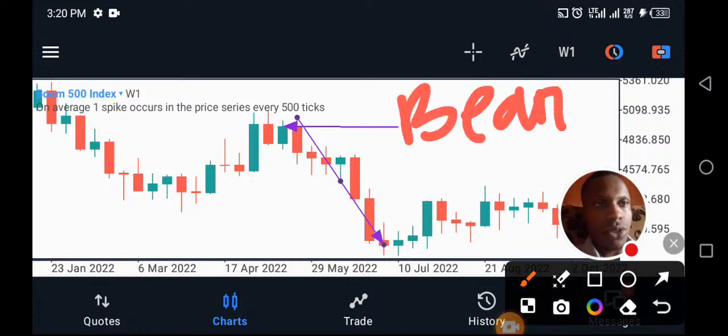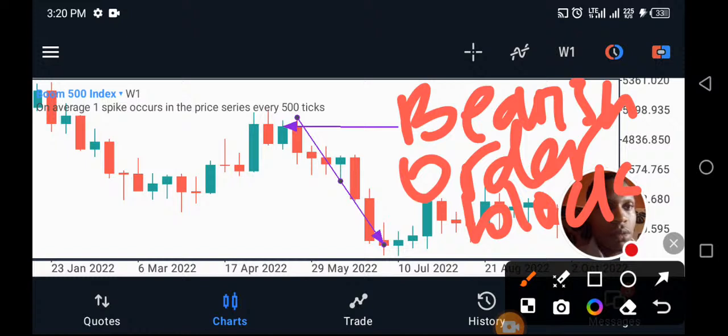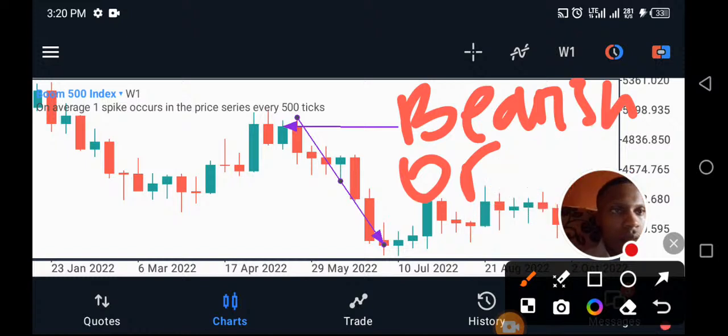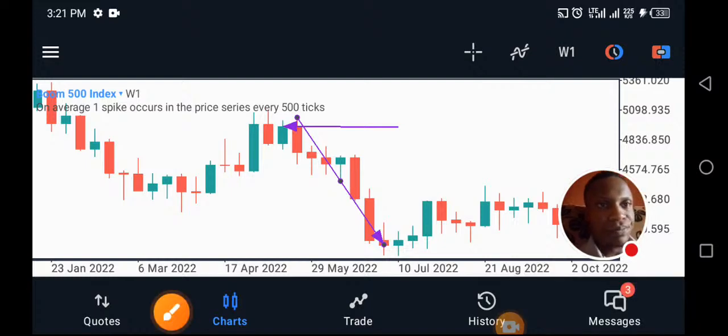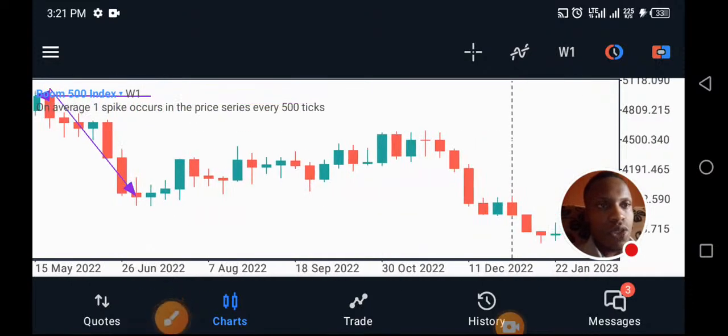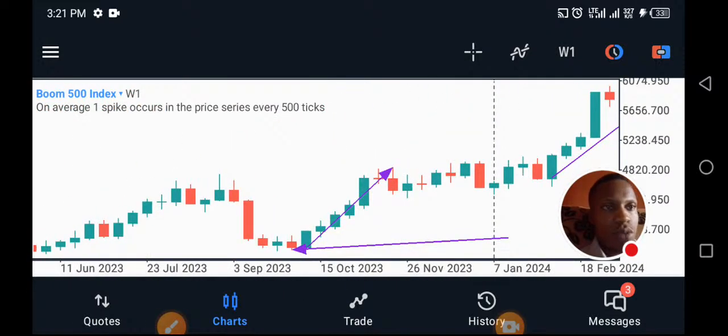So, a bearish order block. What we want to do with this order block is to make sure that we wait for price to get back to it.